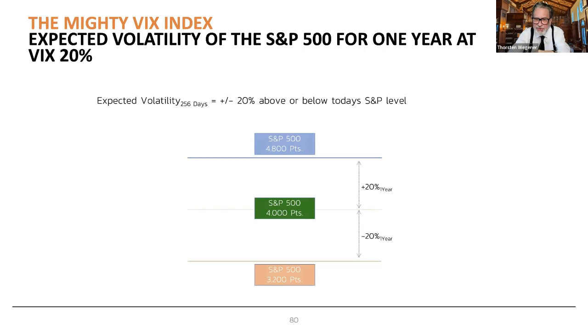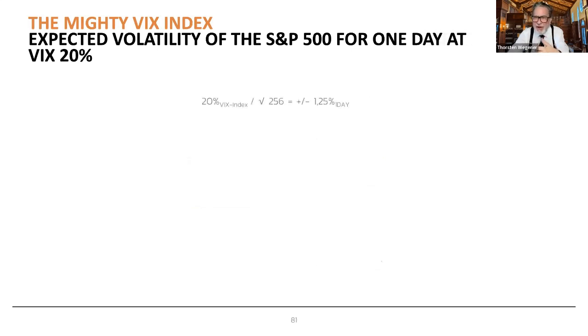You can easily do that by saying, where's the VIX level? Okay, VIX level is at 20. That tells me how it's going to be in a year's time. Obviously, you can also do the same, say, how is it going to be tomorrow? That's why we use the 256, the trading days.